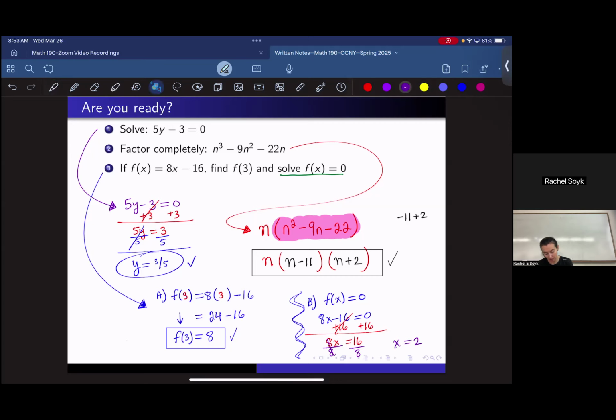And so we simply get x is equal to 2 when our y, aka our f of x, is 0. Questions at all?